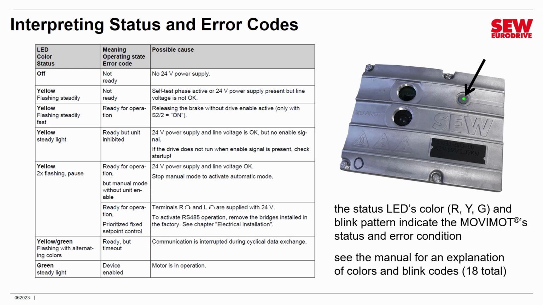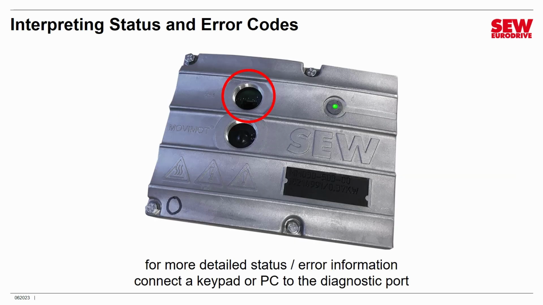However, if things go wrong, you will see other things such as blinking patterns and different colors. Again, I refer you to the manual to interpret those. Okay, that's fine. But what if you want more information than that one light can give you? Are there other possibilities open to you as well? And the answer is absolutely. If you need more detailed information or you want to have a textual error message, either connect the DBG60 keypad or a PC to the diagnostic port, which is right above the F1 speed setpoint dial.